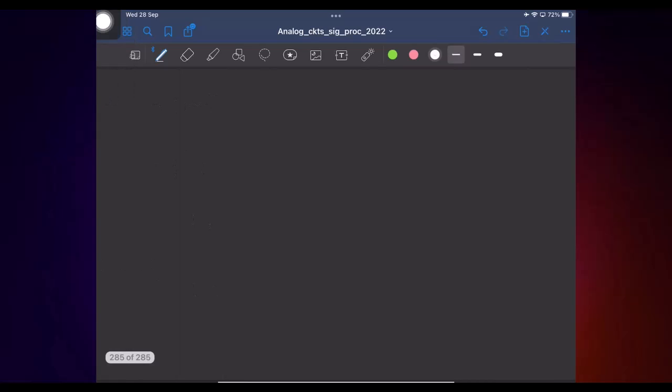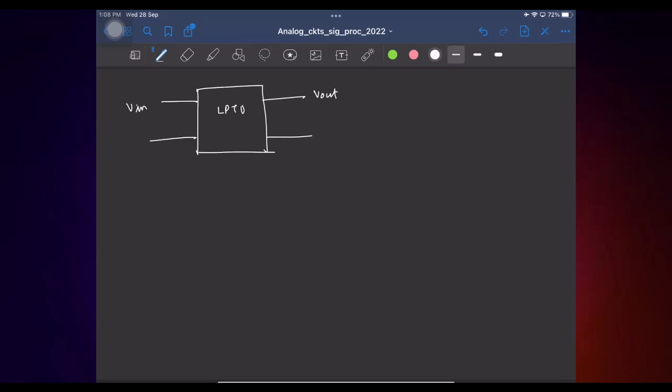Last thing I wanted to cover. Just like how we related voltages and currents, if you take an LPTV system, we have input and output. You can also relate V out to be some H times V in.